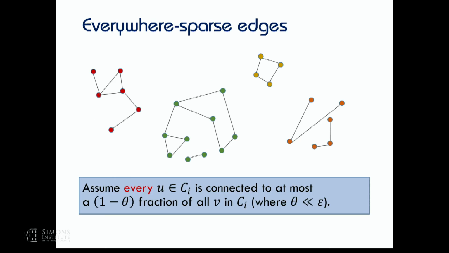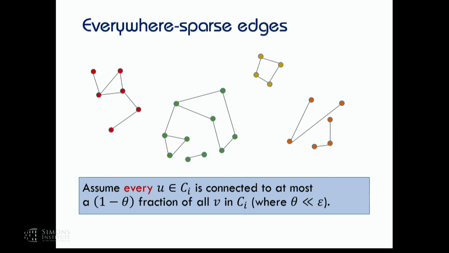And first, let's consider a special but very important case where all vertices have low degrees in their clusters. So let's assume that every vertex in our graph is connected to few vertices in its cluster. More precisely, what we require is that if we take every vertex u in a cluster Ci, then it is connected to at most some theta fraction of other vertices in the same cluster.